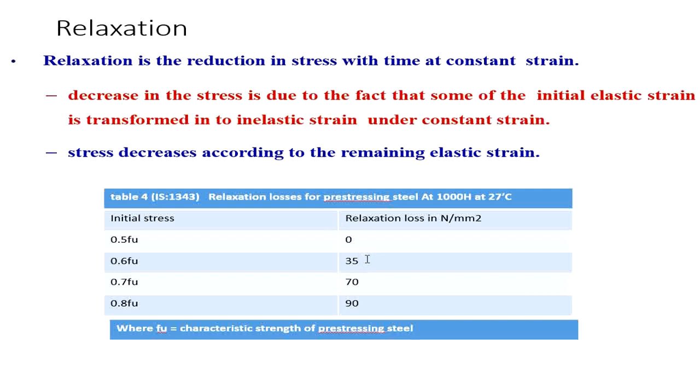If it is 0.7 Fu, it is taken as 70 Newton per mm square. If it is 0.8 Fu, the relaxation stress loss will be taken as 90, where Fu is the characteristic strength of pre-stressing steel. These are the values given in IS 1343.